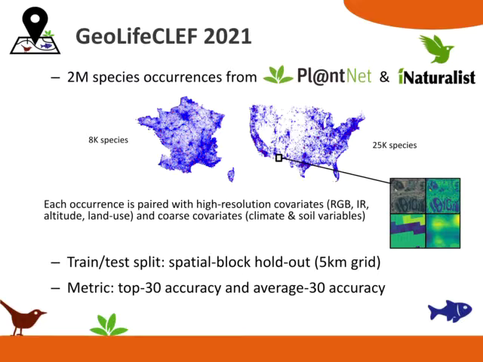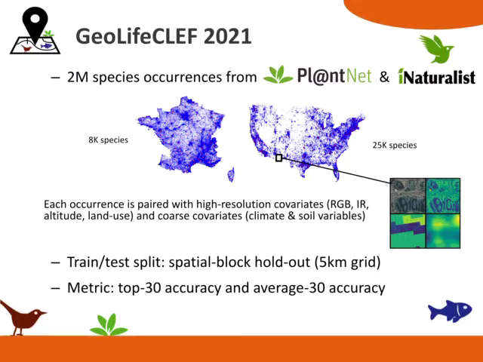Then all the 2 million occurrences were split, and to avoid just training by position and to really measure the ability of the models to generalize to other places, the split between the train and the test sets is based on a spatial block holdout on a 5-kilometer grid.